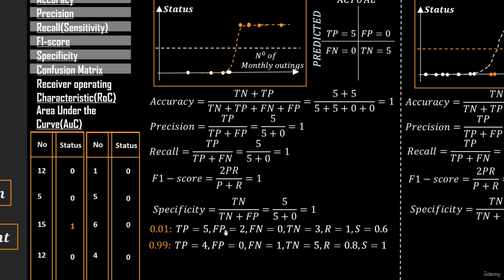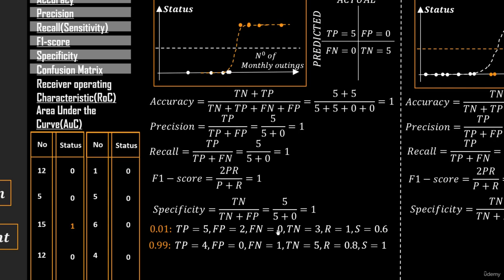The number of false positives, which is 2, because these 2 values are going to be up this time around. So we're going to have these 2 which are considered to be up, while this line comes just almost at 0. It moved from 0.5 to 0.01. So these 2 actually are going to move up, and we have the false positives to be true. So we have these 2 which are actually false positives.